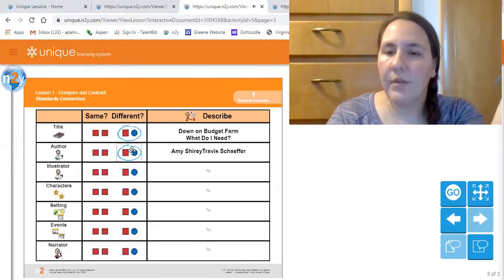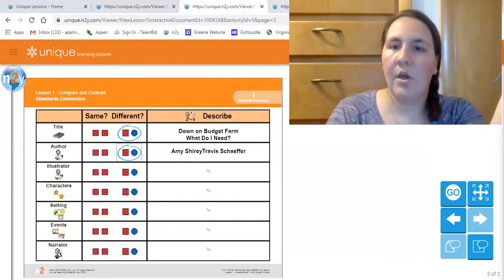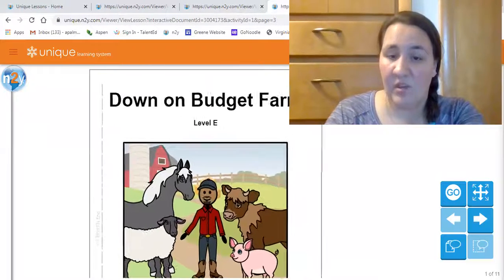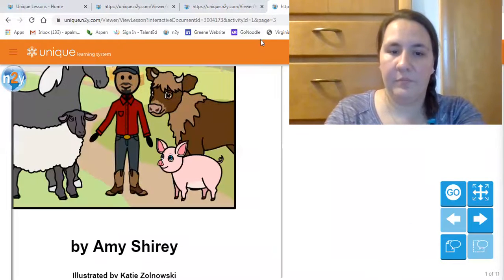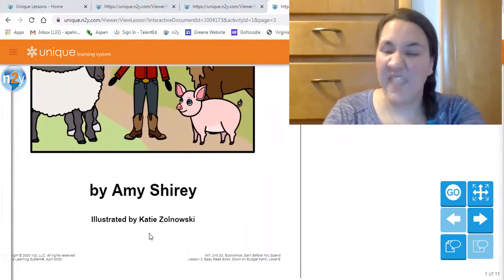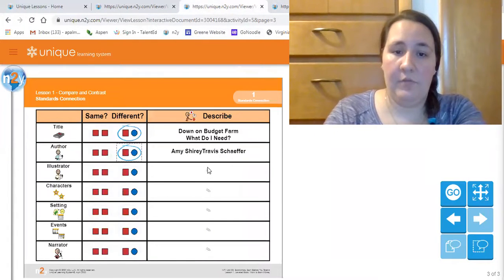Okay, let's talk about our illustrator. The illustrator is the person who draws the pictures, okay? So our illustrator for our first story, I'm going to zoom this in so you can see a little bit better because her name is very long. And I am so sorry if I pronounce it wrong, but I think it's pronounced Katie Zolnowski. So Katie Zolnowski is our illustrator for the first story.